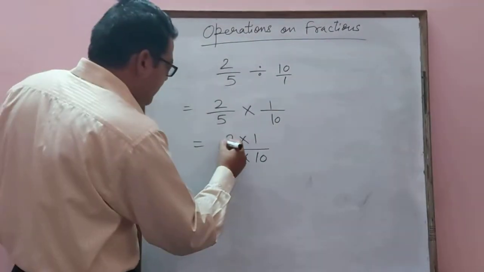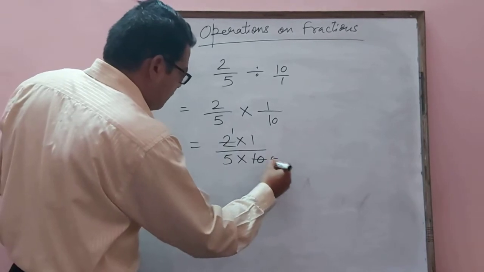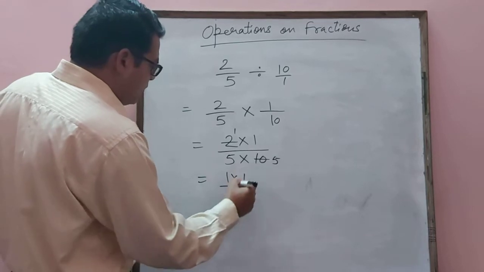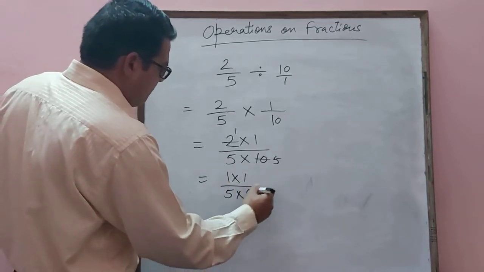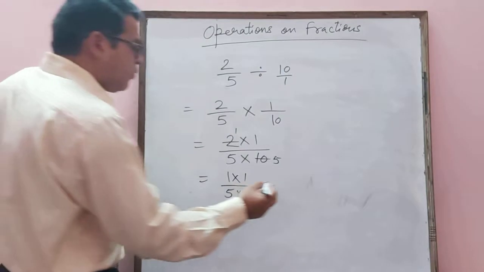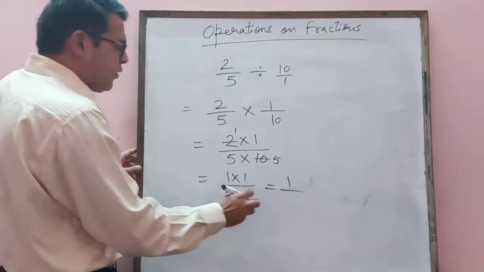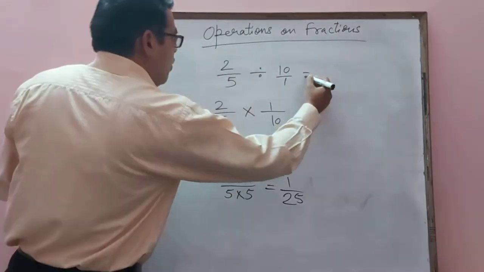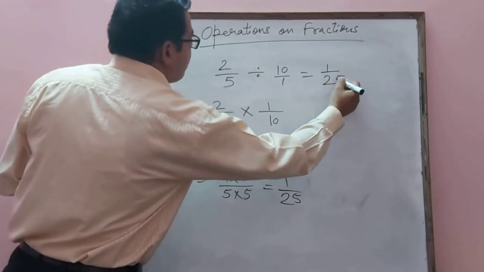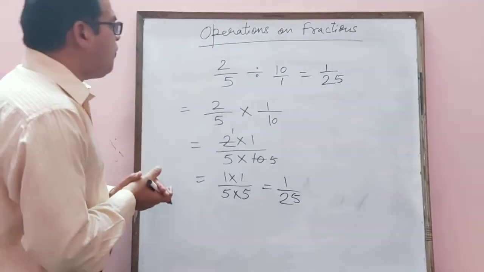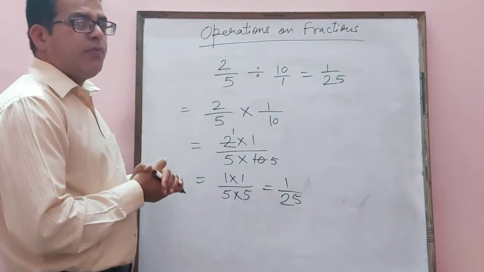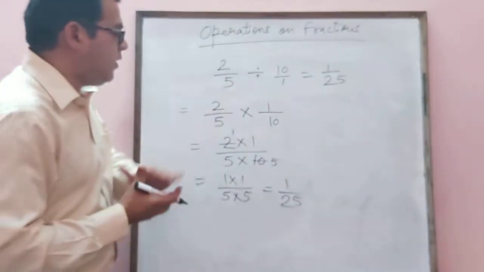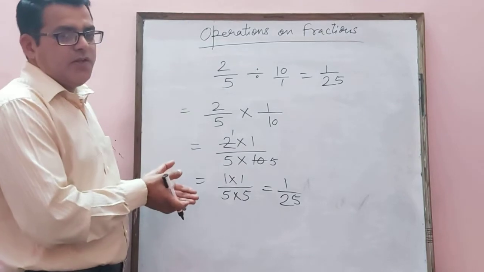So we can cut by 2: 2 divided by 2 is 1, and 10 divided by 2 is 5. We can write here. So on the upper side we have 1 into 1 only, and on the downside what do we have? 5 into 5. So 1 into 1 is 1, and 5 into 5 is 25. So what will come here? 1 upon 25. So if we divide 2 by 5 by 10, we will get 1 upon 25. This is very simple, very interesting. Hope you understand.